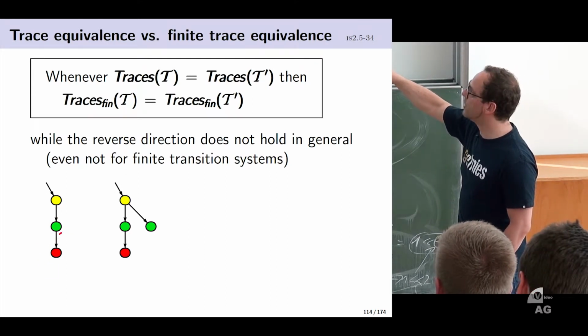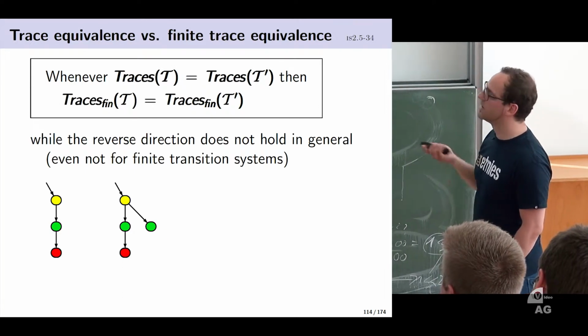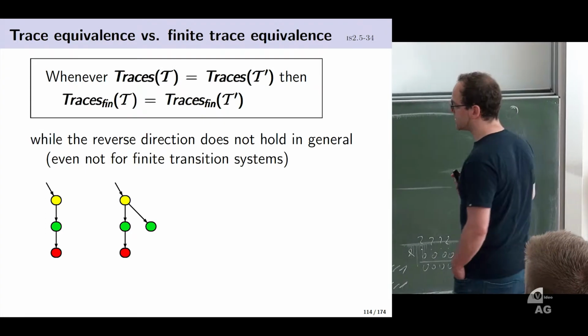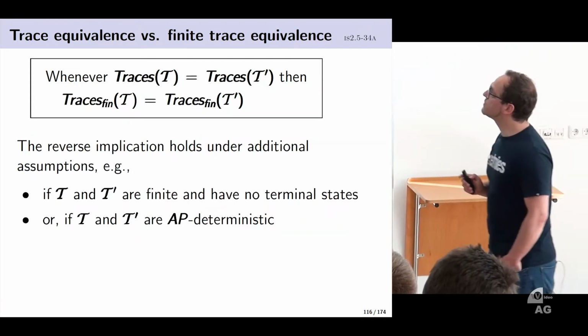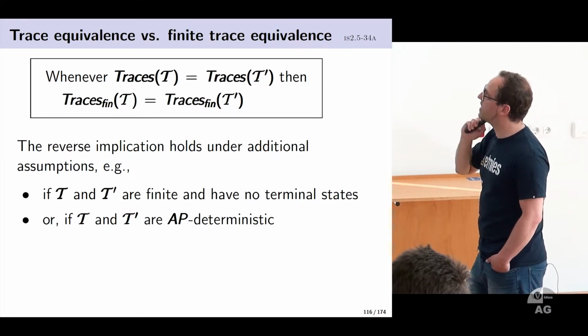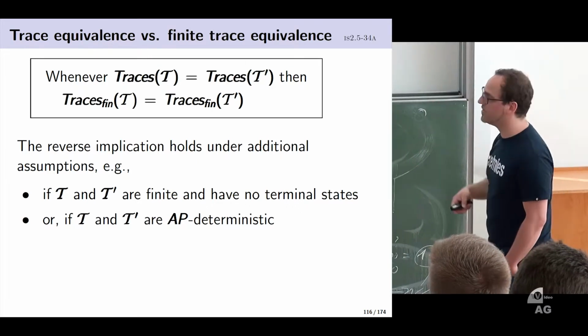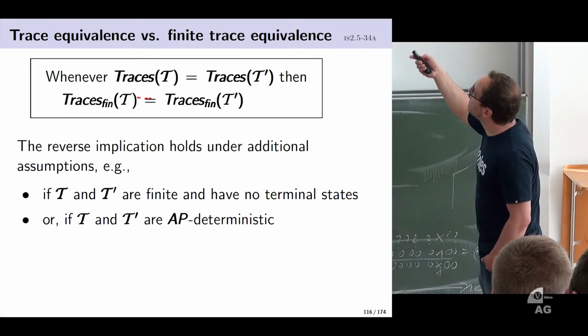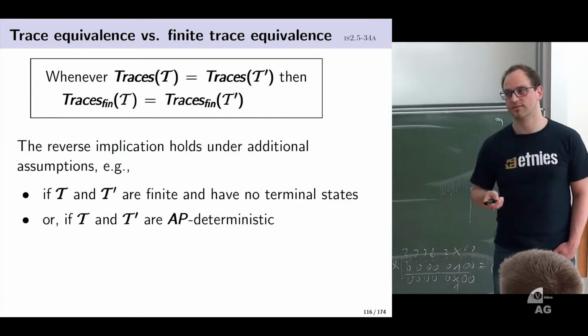You cannot stop here, because it's not a terminal state, whereas here it is. So the traces of the transition systems are different. But again, under additional restrictions, for example, that both of them are finite and do not have terminal states, or both of them are AP deterministic, you can show that finite trace equivalence implies trace equivalence as well.